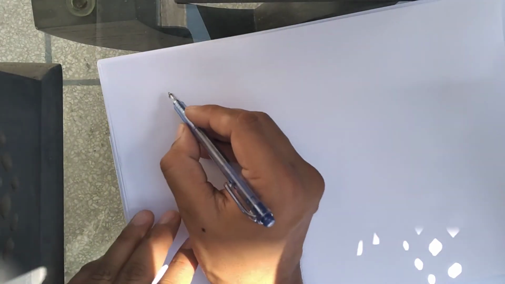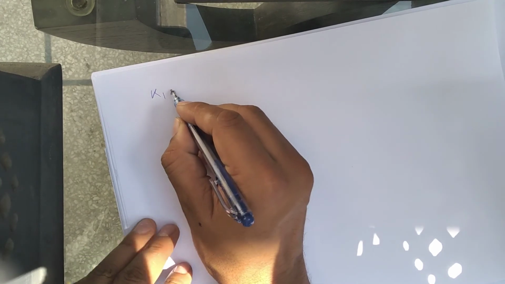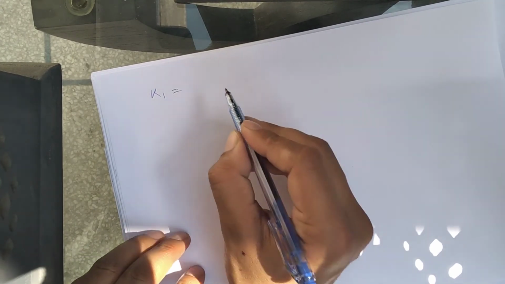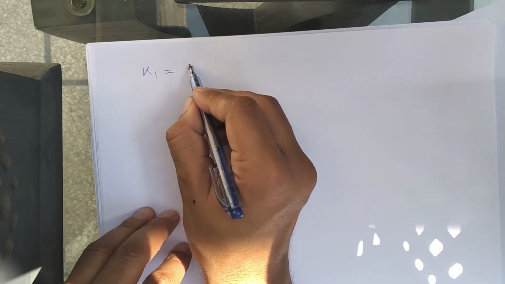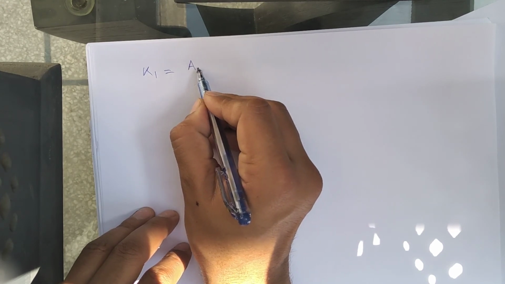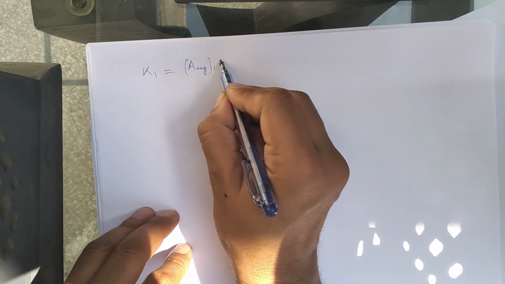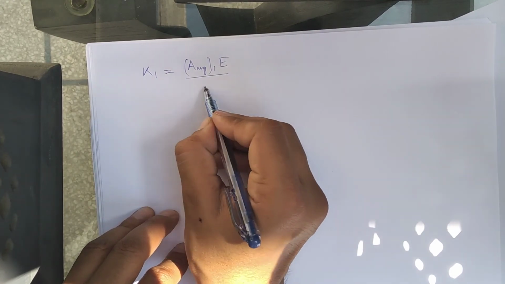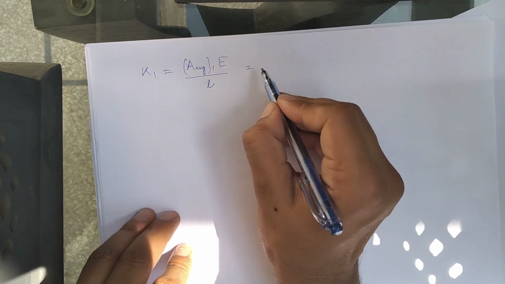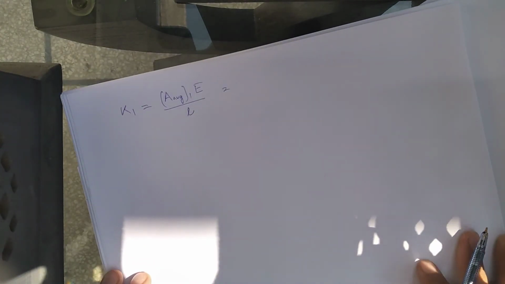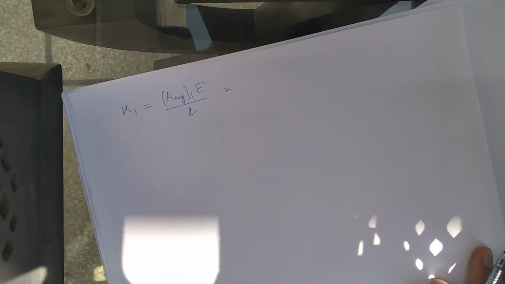Once we have the areas, we will be able to find the stiffness constant for each element. For example, for element number 1, we have the average area of element number 1 into EA over L. You remember that. So from here we can get the values of K1, K2, K3, K4 and K5. We will put them into the equations.